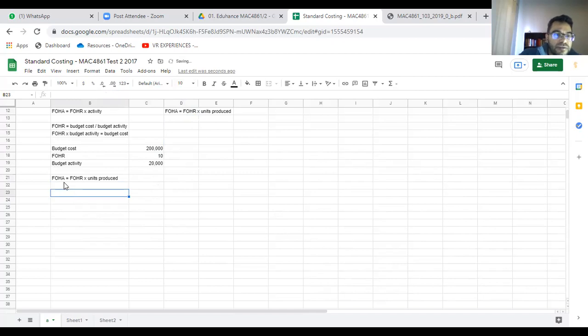So this is what you must take note. Fixed overhead applied. So this formula is actually like this: budgeted costs, I don't want to call it overhead rate, but overheads applied.